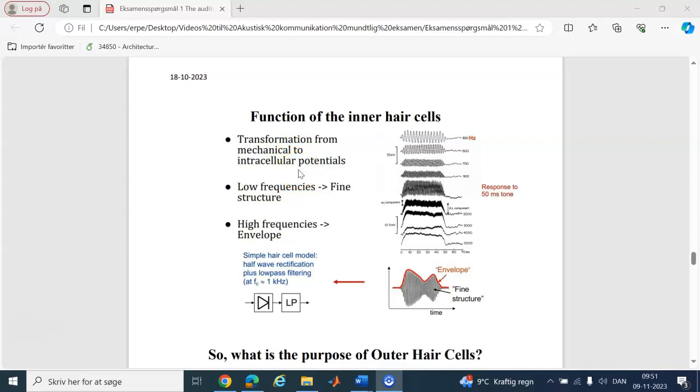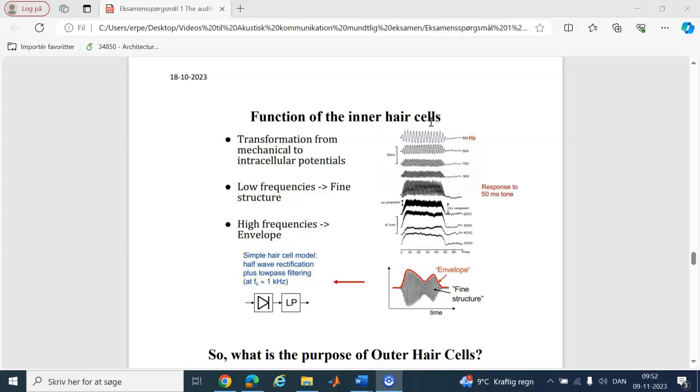And low frequencies will make a fine structure. Low frequencies make a fine structure, and the spikes in the neurons are able to catch those things. But for high frequencies, we are talking about envelopes.